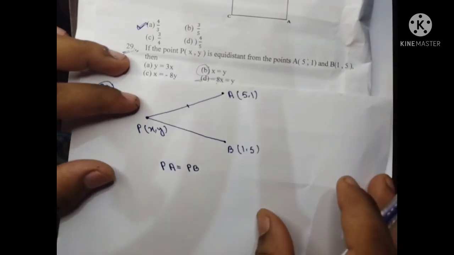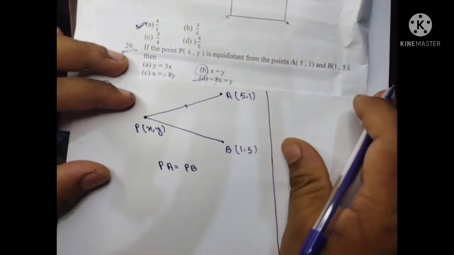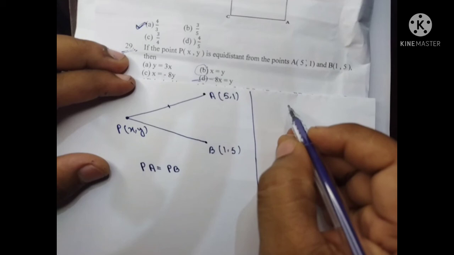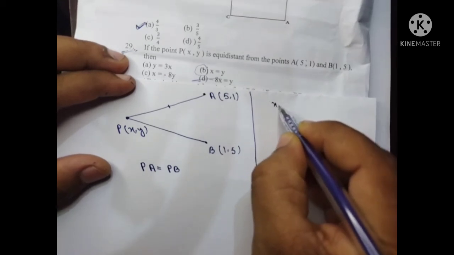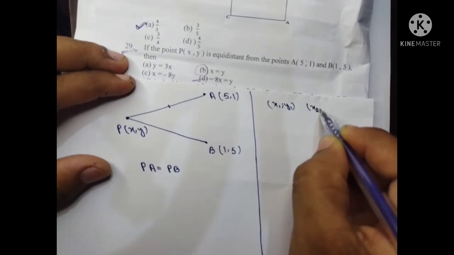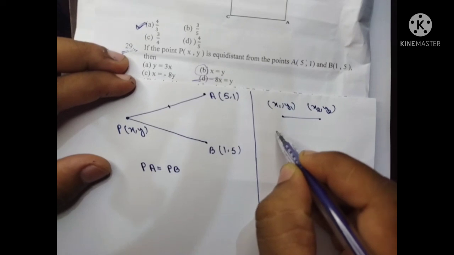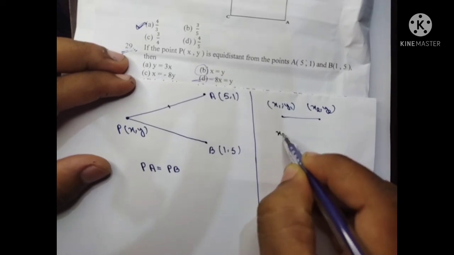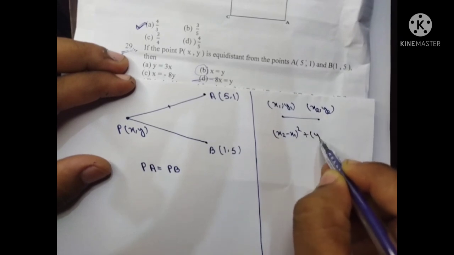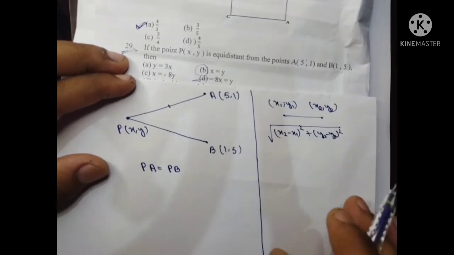Here we have to apply the distance formula. First, what is the distance formula? Suppose (x1, y1) is a point and (x2, y2) is another point. Then the distance between the 2 points is calculated by the formula square root of (x2 minus x1) square plus (y2 minus y1) square.